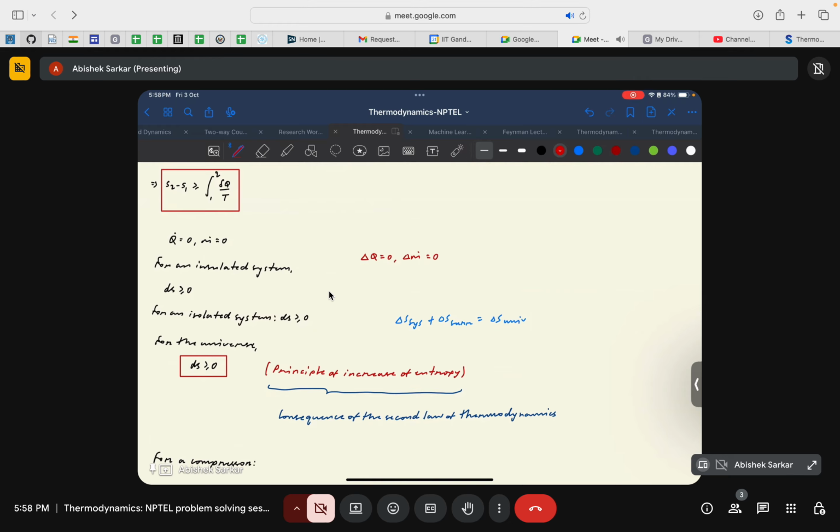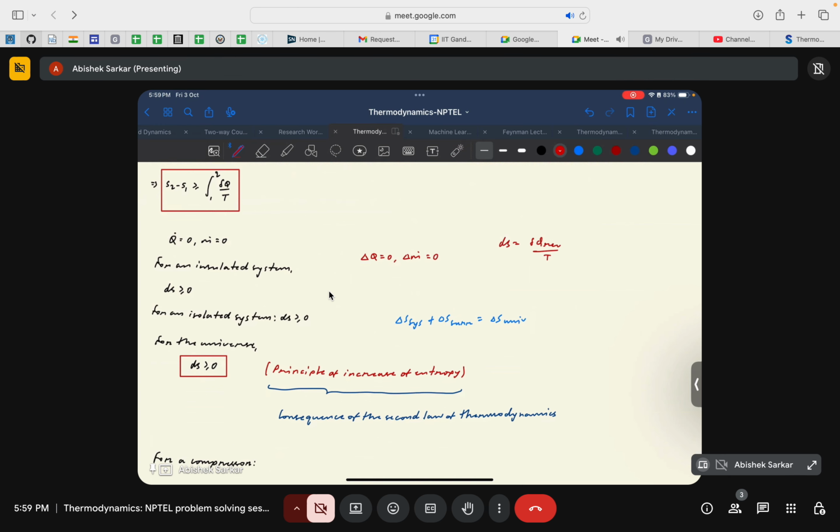If there is irreversibility within the system itself, then that internal irreversibility can increase the entropy of the system, because from the definition of entropy, dS, for reversible heat transfer, is del Q reversible by T. Since there is no heat transfer, there is no way the entropy of the isolated system can be increased via heat transfer.